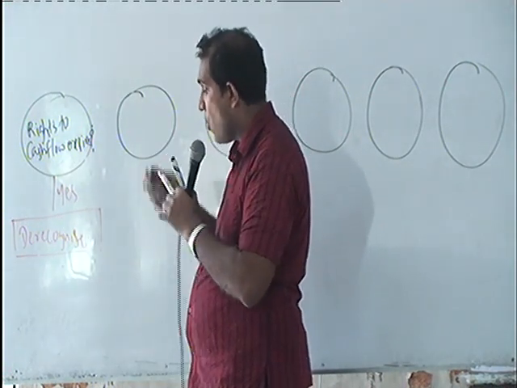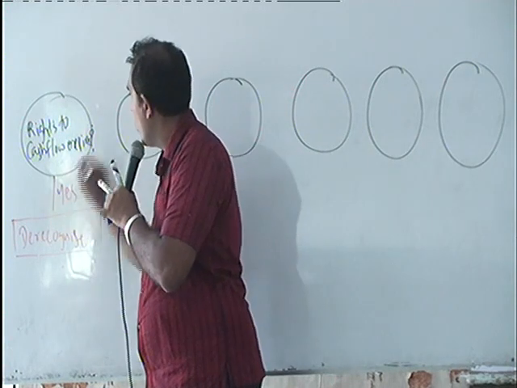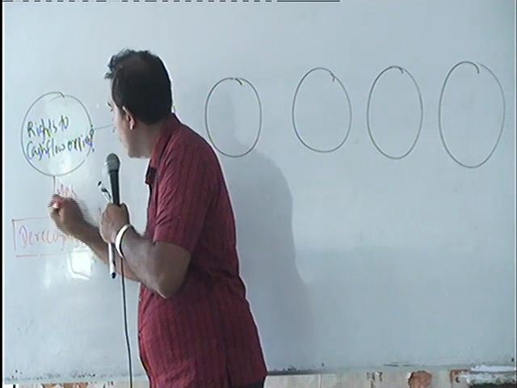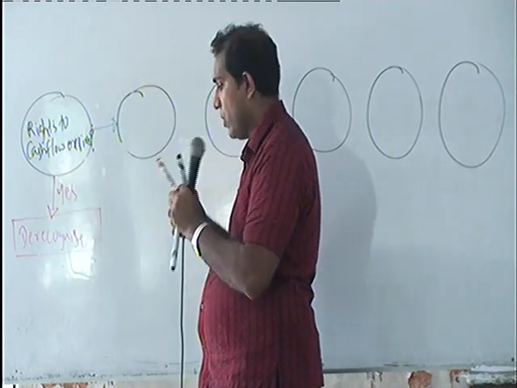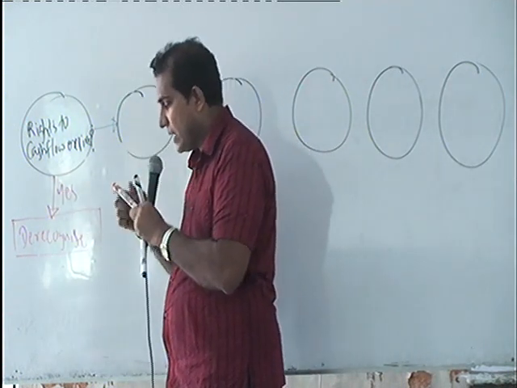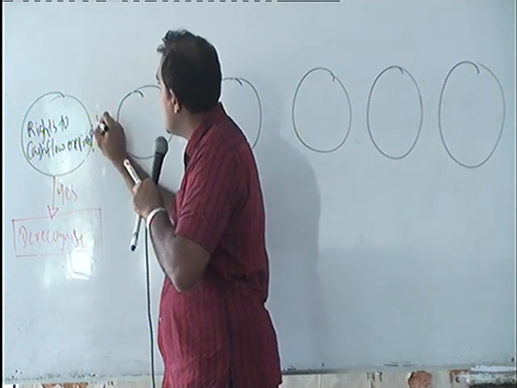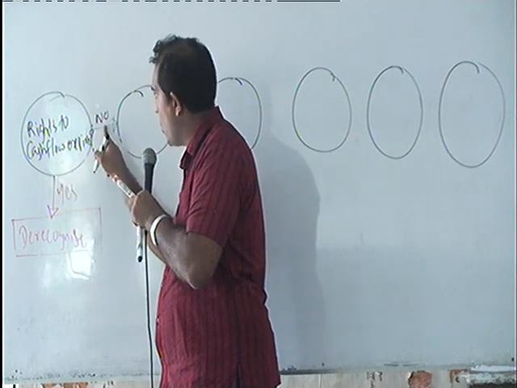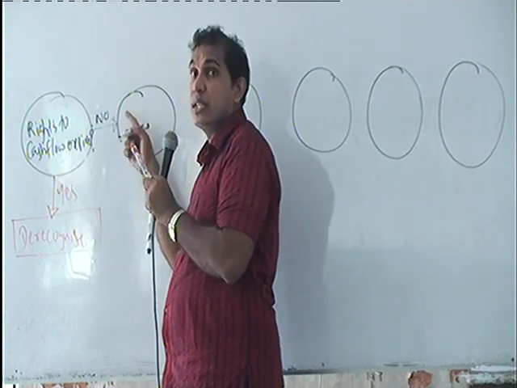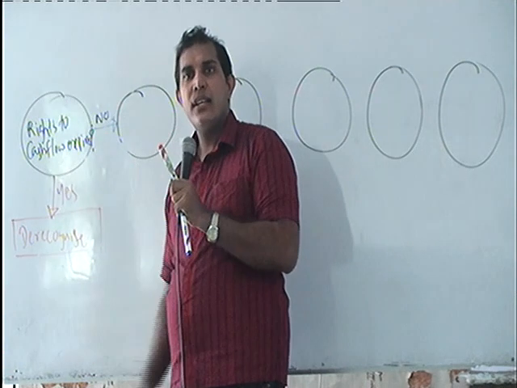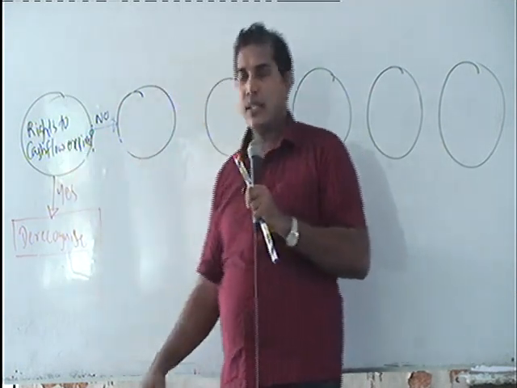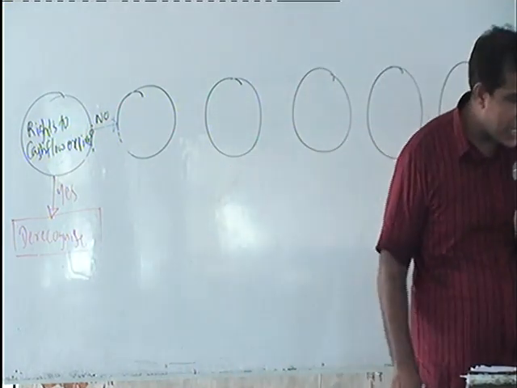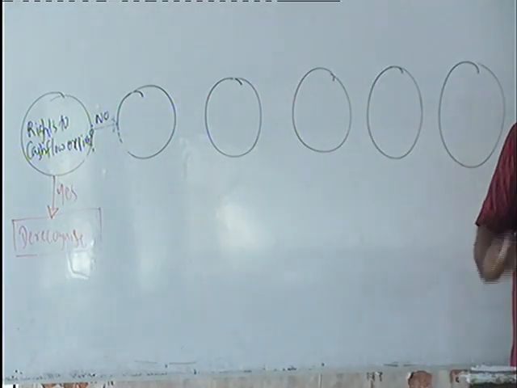If no, then we need to ask another question. Here the answer is no: rights to cash flow expire? No. Then we need to ask another question. If yes, directly we can derecognize the asset. If no, we need to ask the second question. What is that? Transfer of rights.